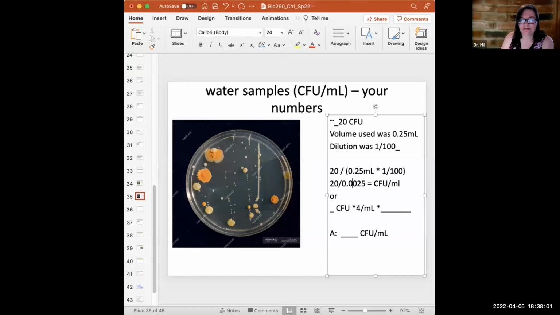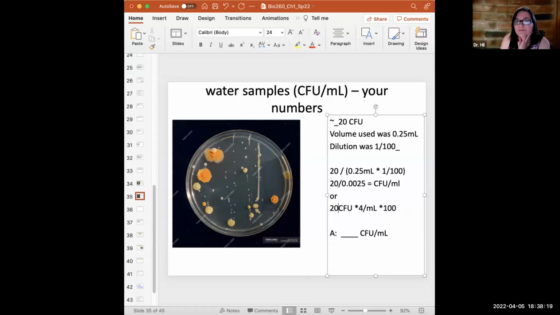What's the answer? We can either multiply by 100, or we can do this fancy math. These are both the same. If you're not sure, just pick the one that makes sense to you.